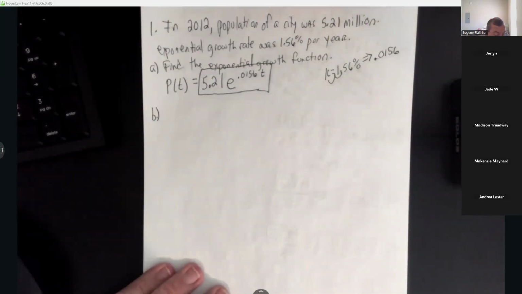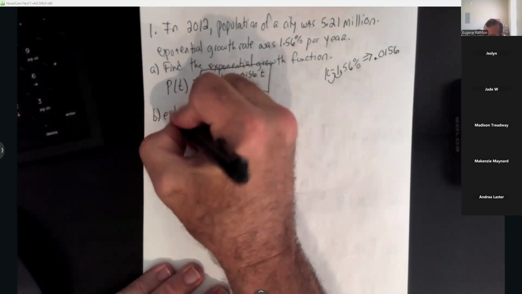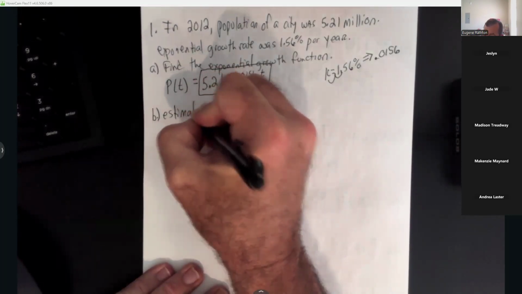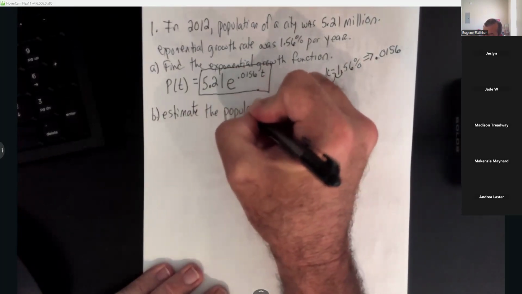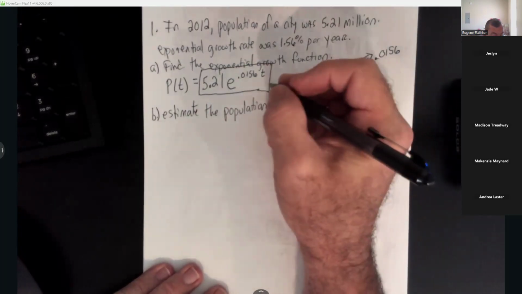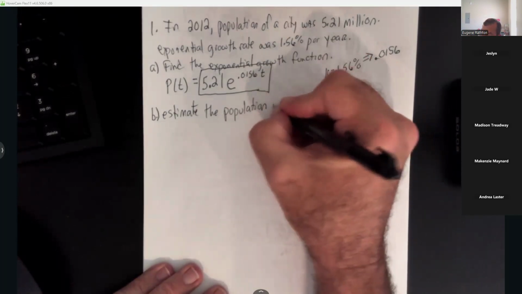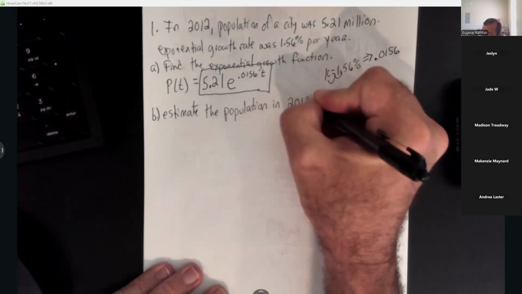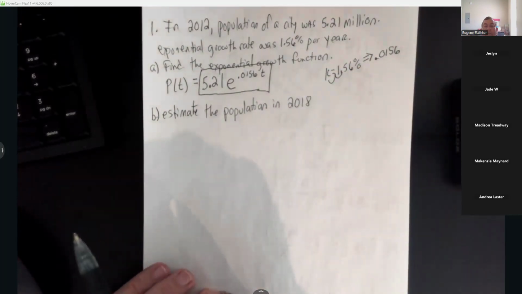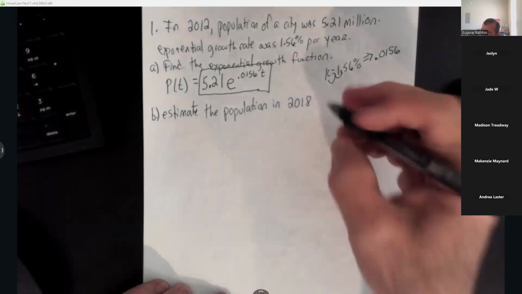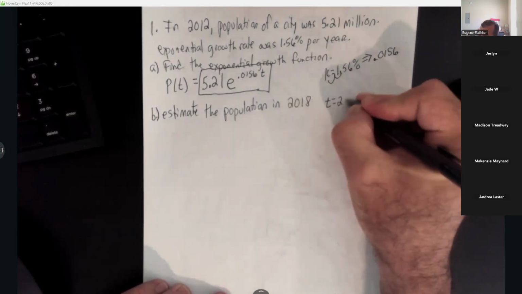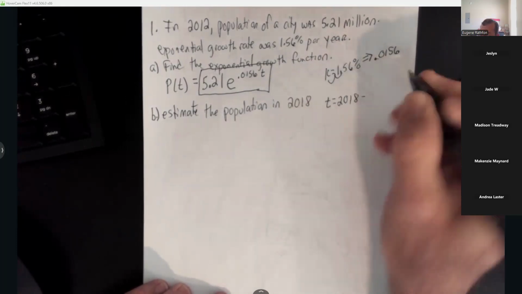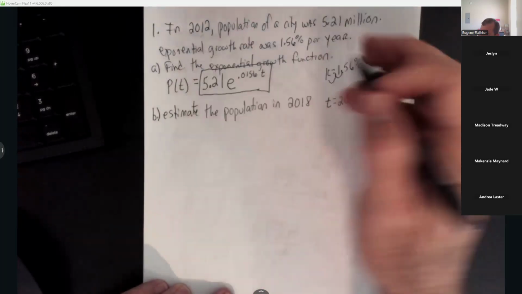So part B, they want to estimate the population in 2018. So we've got to figure out what t equals. Well, it's going to be 2018 minus 2012.